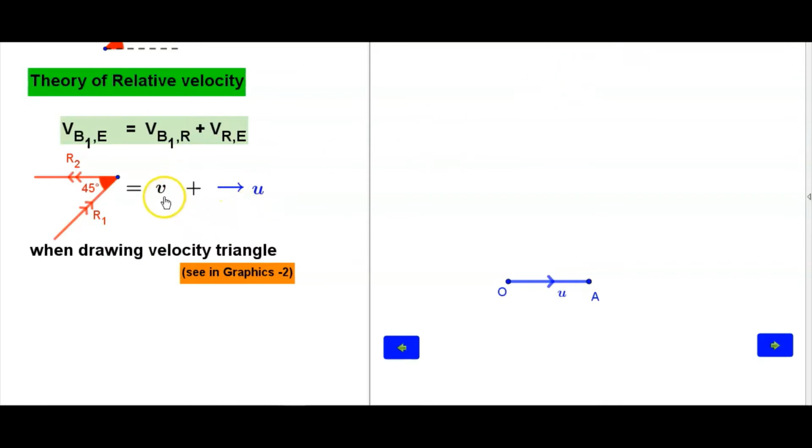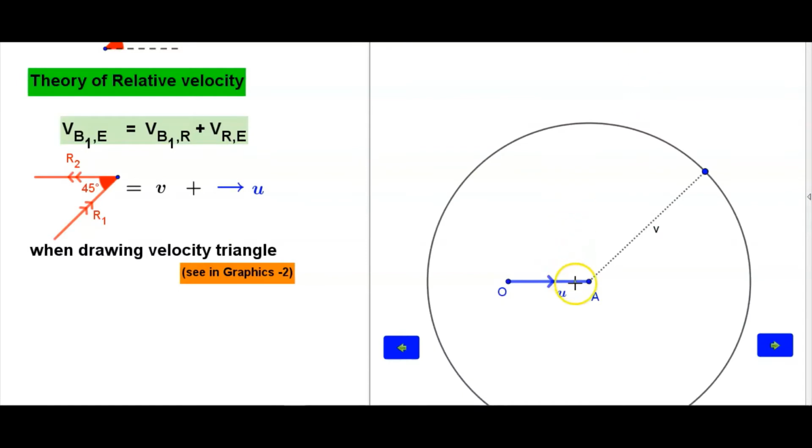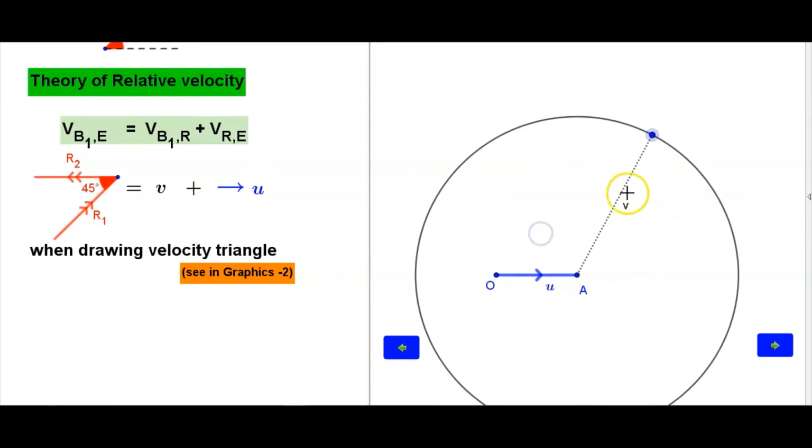We don't know the direction of v, therefore we draw a circle with radius v. v might be anywhere on this circle. We know the magnitude of v but we don't know the direction. Also we are given v is greater than u, therefore the radius of the circle is greater than u. v might be in any direction.